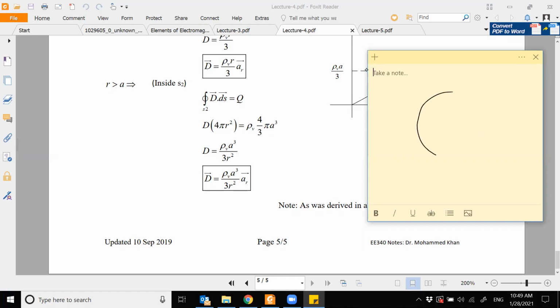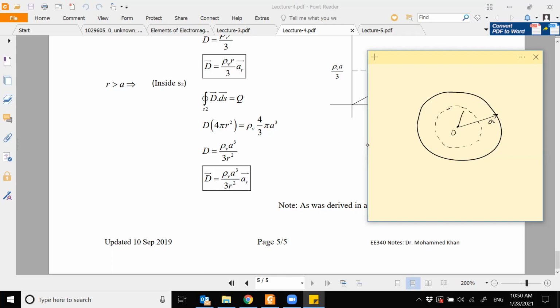So if this is my sphere, and this is the origin, and this is a, we found what is outside, which is this expression. This is the electric field. But what about inside? If I put a small Gauss surface here and apply Gauss's law on this surface, what will be the electric field that you see inside the sphere?